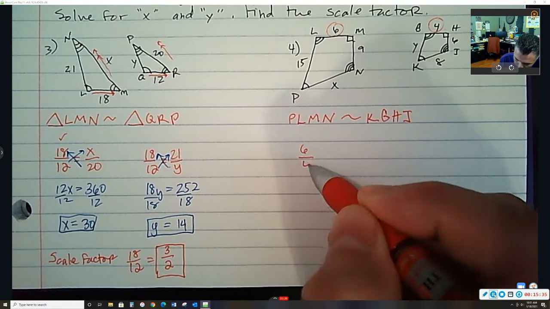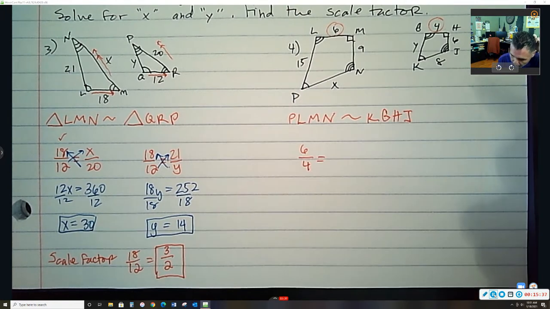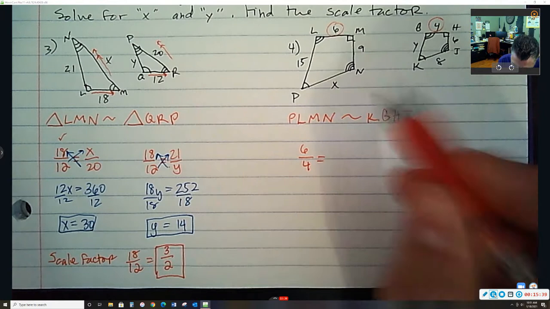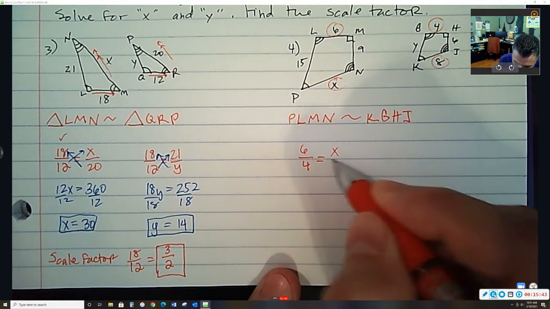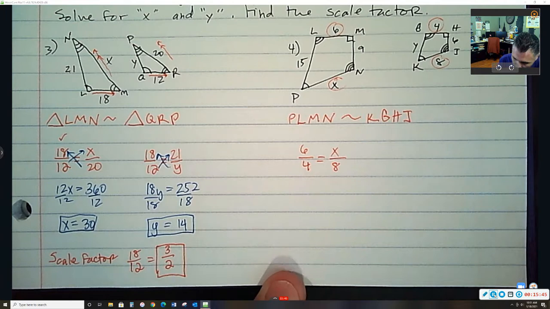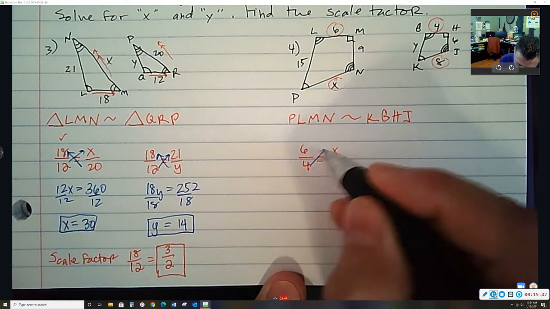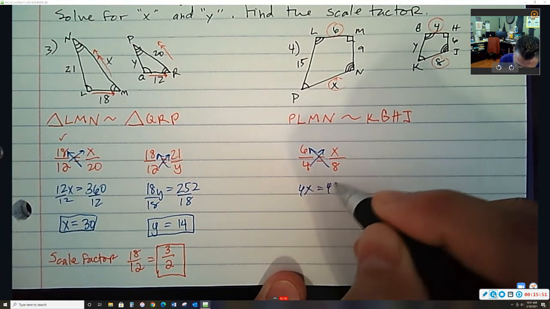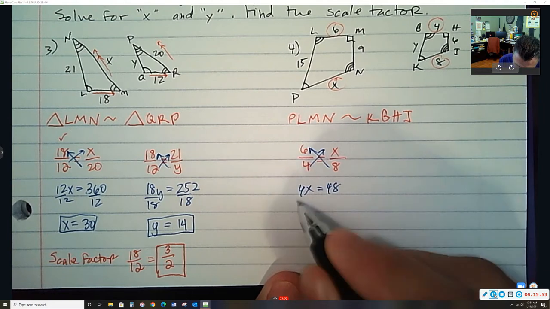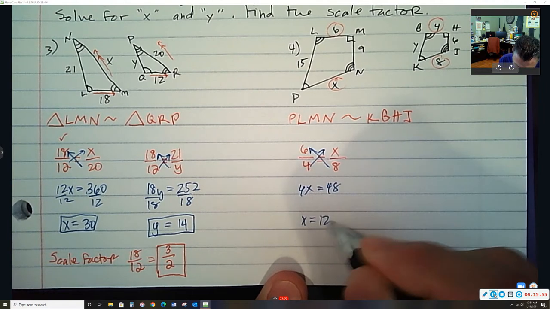So 6 over 4. And then if we want to solve for x, x matches up with this bottom number, left over right, and then we just solve this. Multiply 4 times x, multiply 48, divided by 4, x equals 12.